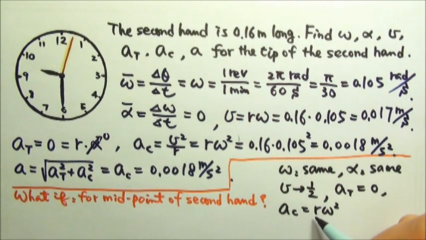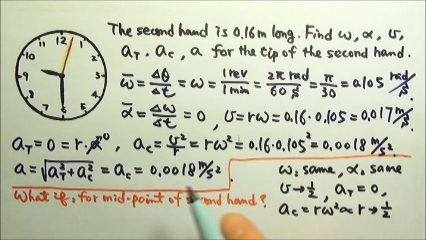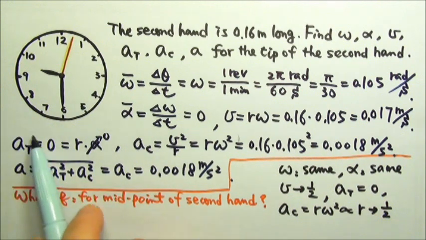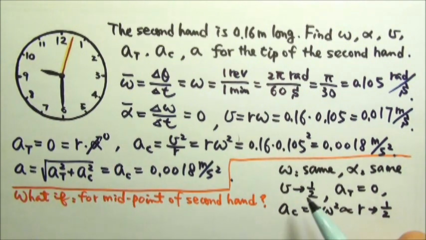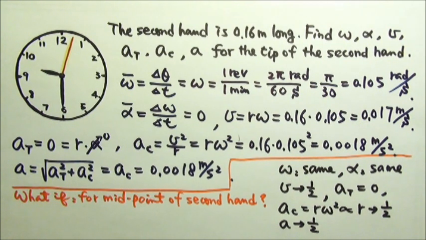Omega squared stays the same, so this is proportional to r, and r changes by a factor of 1/2. Therefore, the centripetal acceleration does the same. And the acceleration is the centripetal acceleration only because tangential acceleration is 0. So the acceleration also changes by a factor of 1/2. So it's half of that value.